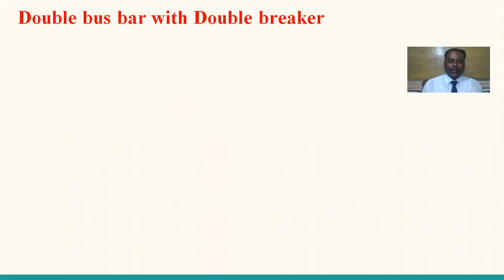So, in earlier class, we discussed the bus bar arrangements in the substation. Bus bar is one of the most important parts in substation design. Based upon this, the rating of the substation, the safety, the reliability, everything is to be decided.